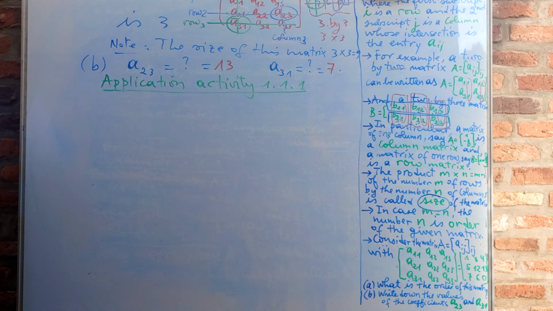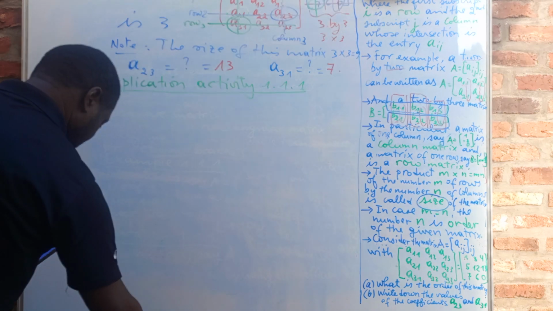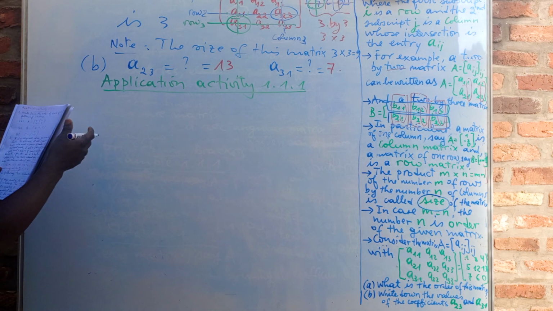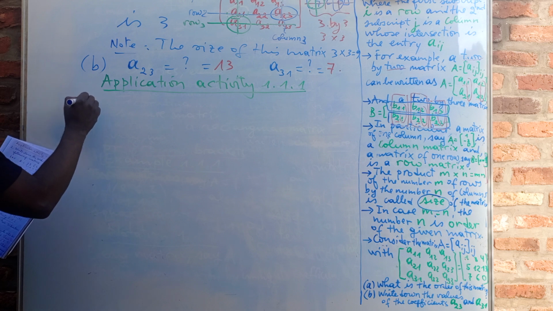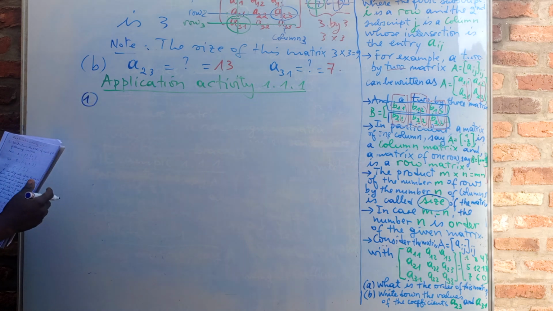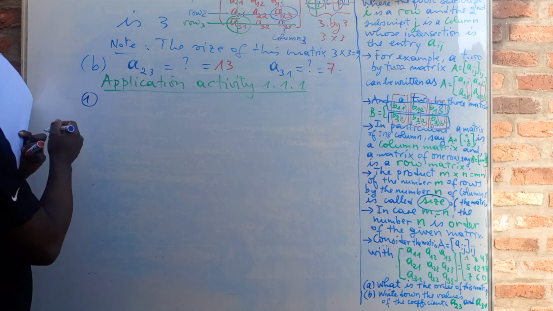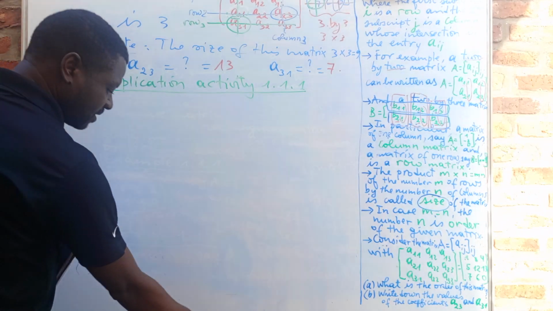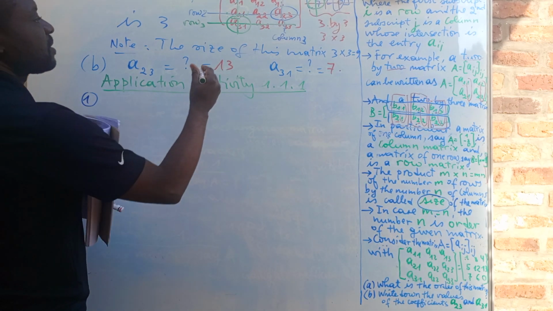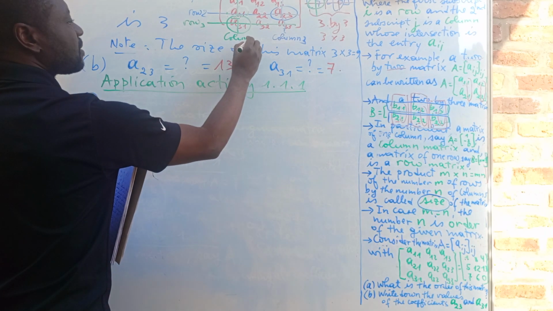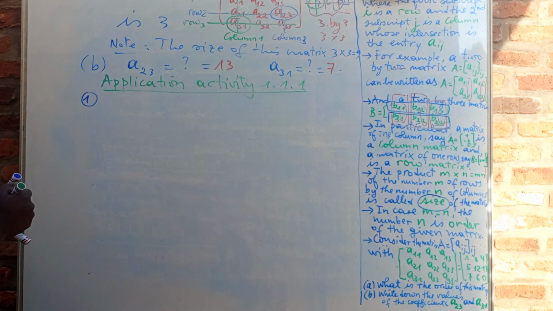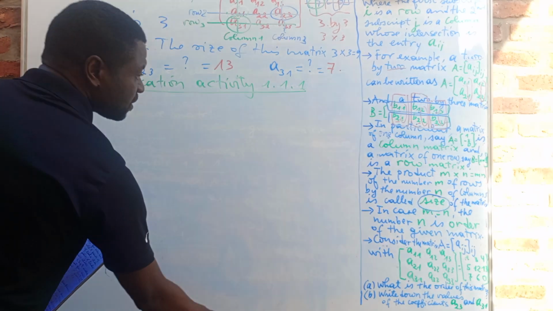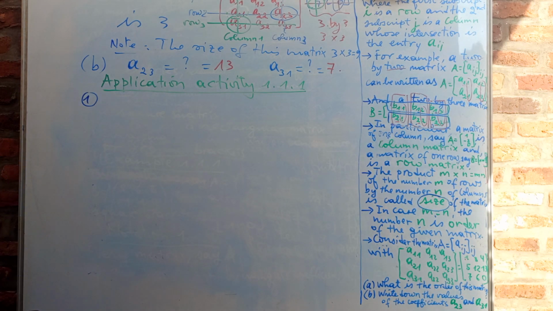The first question is, let me just write the first question. Number one. Maybe in the video this part is not visible. So this is column 1, first column. Okay, let us now move to the application activity.